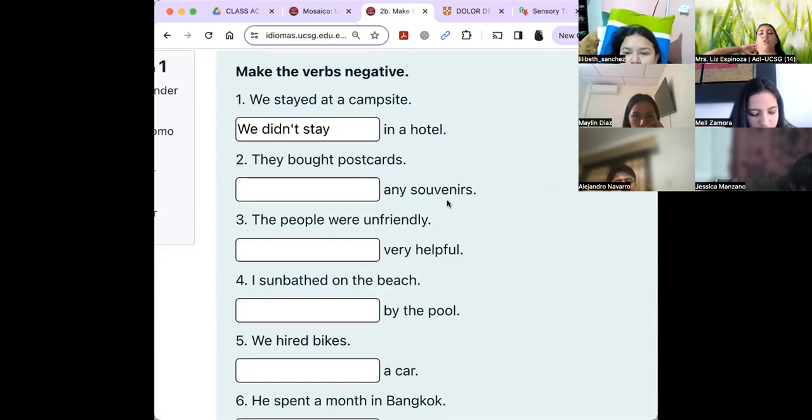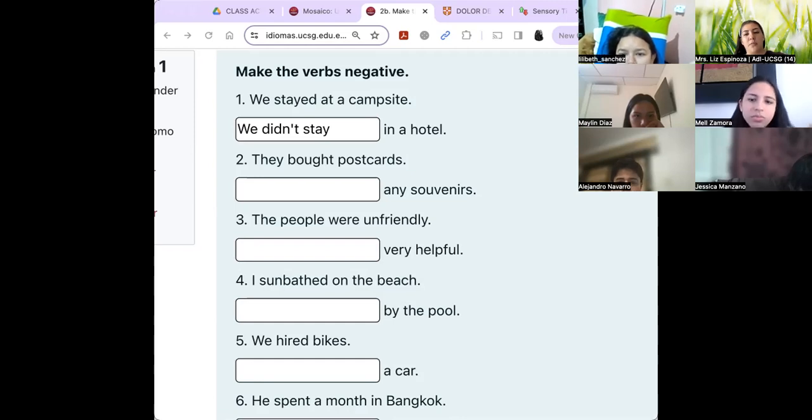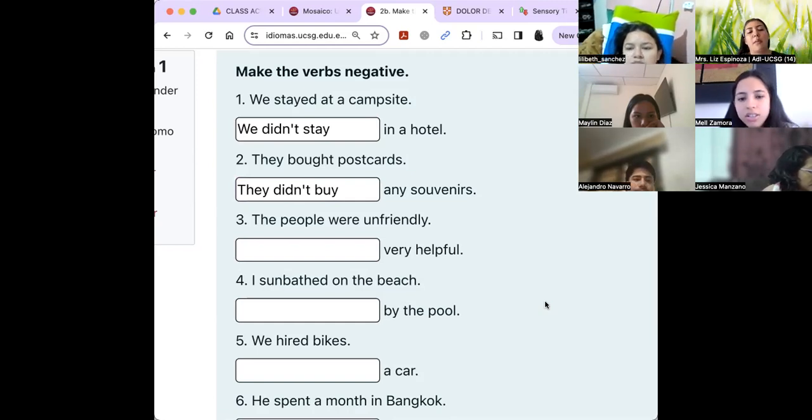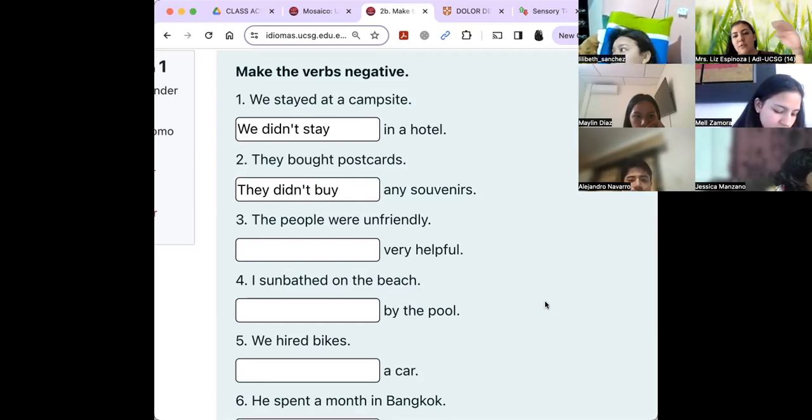Next, they bought postcards. Who can tell me how you make it negative? They didn't buy. Remember that you change from the past simple to the base form, or the infinitive.